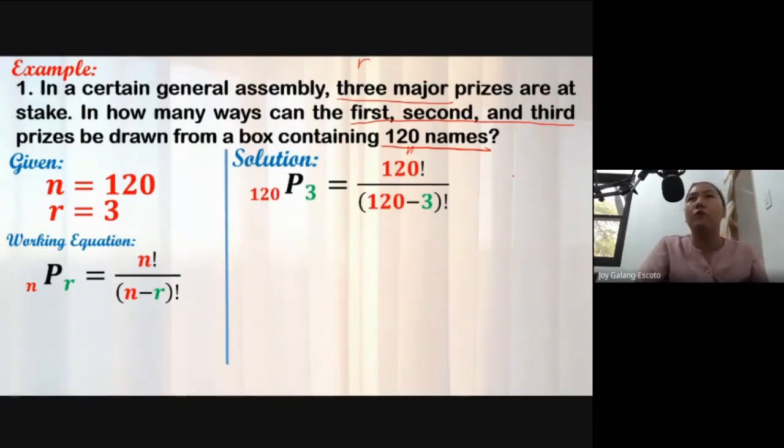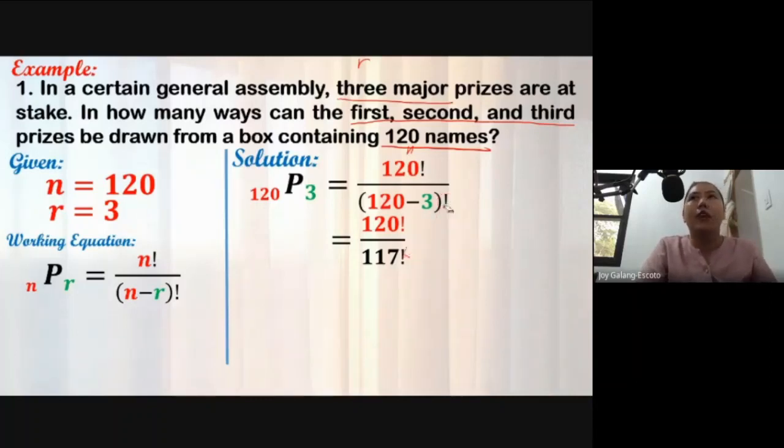So we have the permutation of 120 things taken 3 at a time is equal to 120 factorial over (120 minus 3) factorial. Now, you have to evaluate 120 minus 3 first because we will be following PEMDAS. So 120 minus 3, that is 117, and include the factorial there. Okay, so that is 117 factorial.